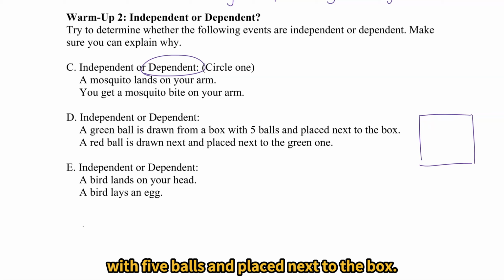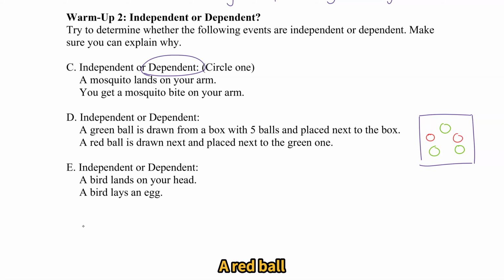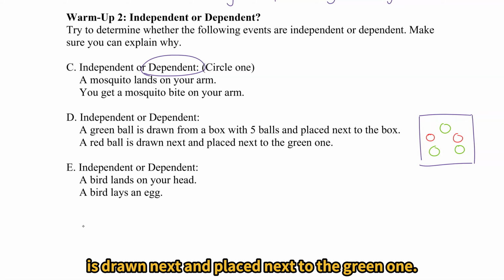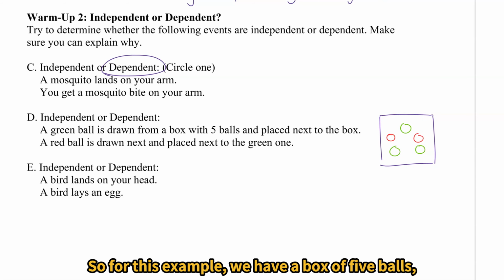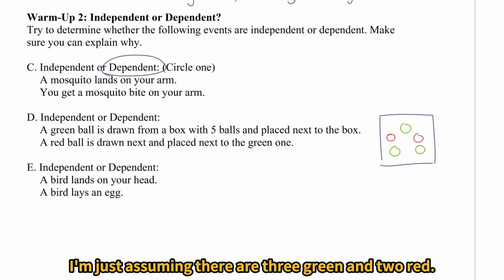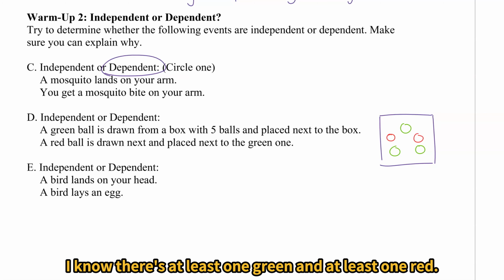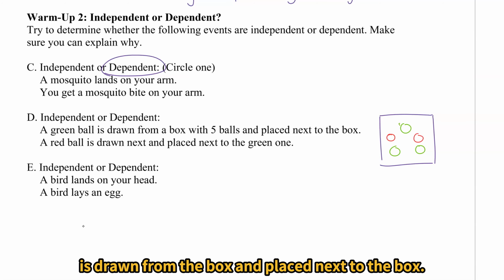In the second example, a green ball is drawn from a box with 5 balls and placed next to the box. A red ball is drawn next and placed next to the green one. So for this example, we have a box of 5 balls. I'm just assuming there are 3 green and 2 red. I don't know that for sure. I know there's at least 1 green and at least 1 red. So a green ball is drawn from the box and placed next to the box.